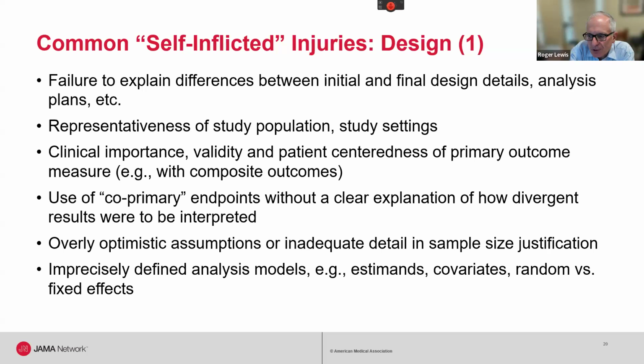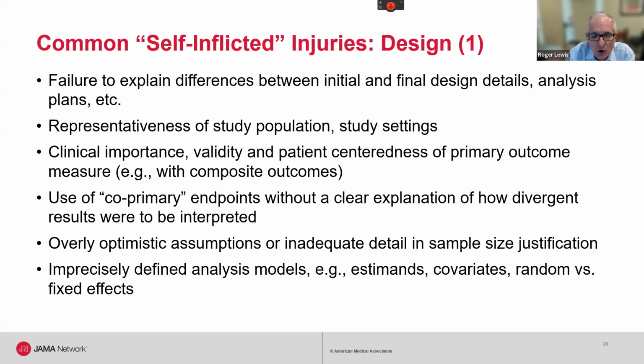Another issue that comes up is co-primary endpoints. So I will tell you that I find the term co-primary to almost always be a red flag because often academic investigators think co-primary means two endpoints, and if either is positive, it's a positive trial.